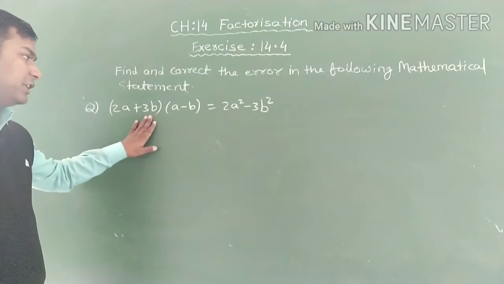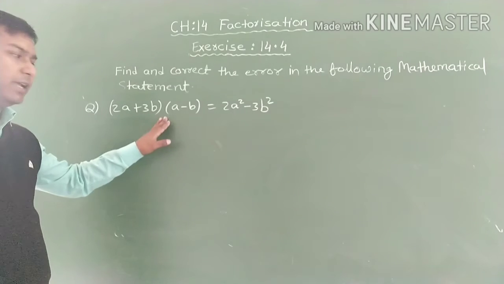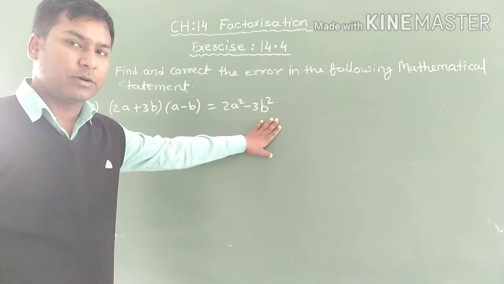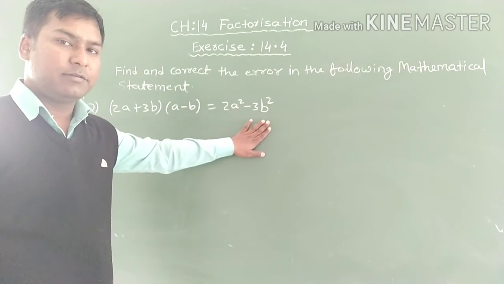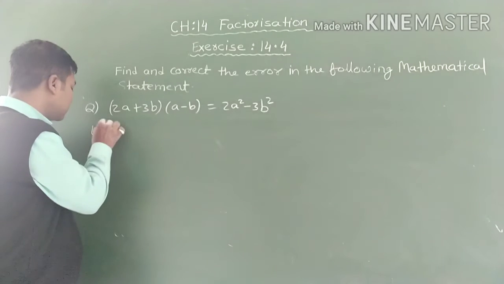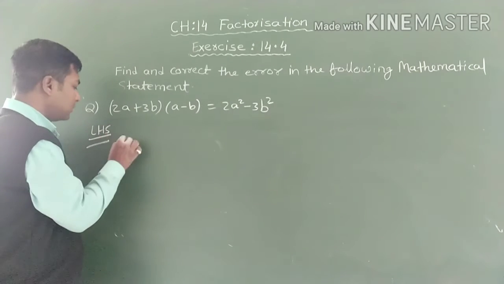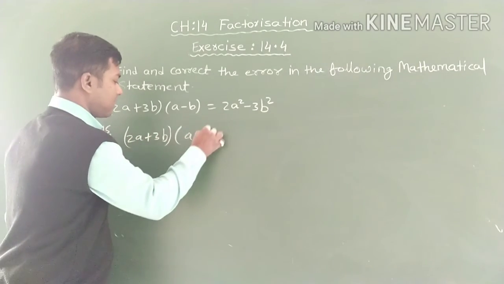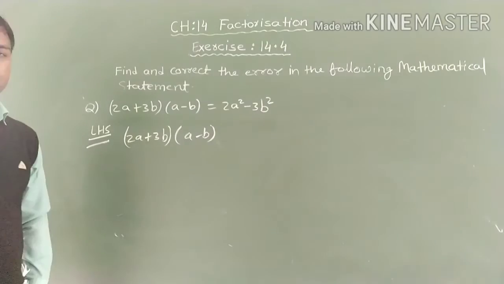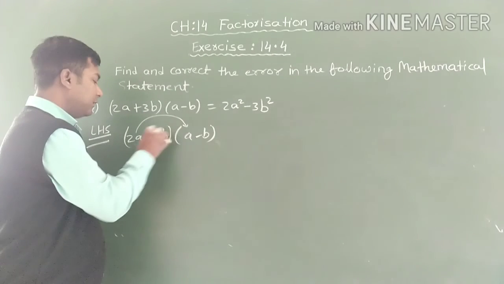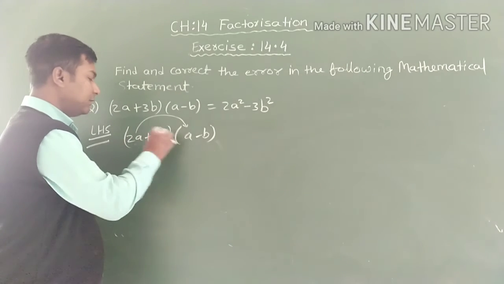2a plus 3b multiplied by a minus b gives 2a square minus 3b square. Again we have to take the LHS part first. First of all, 2a is multiplied by a, then 2a is multiplied by minus b.